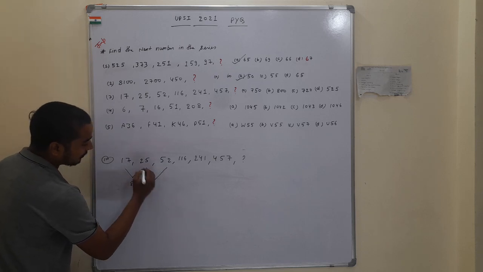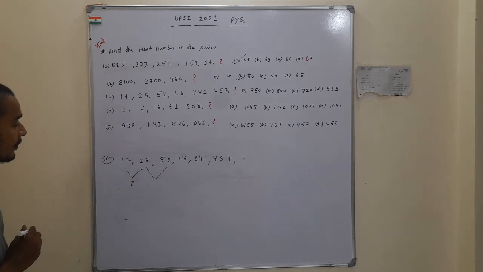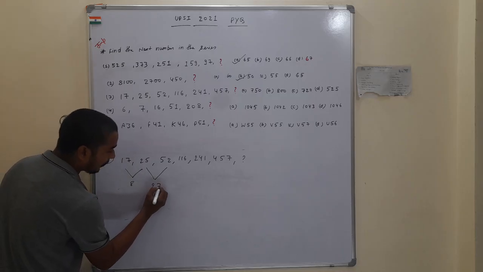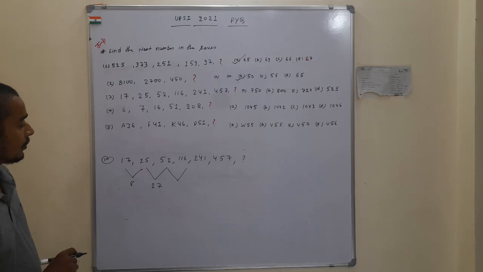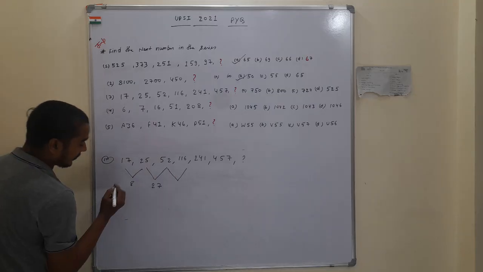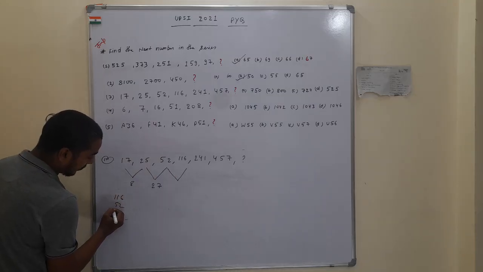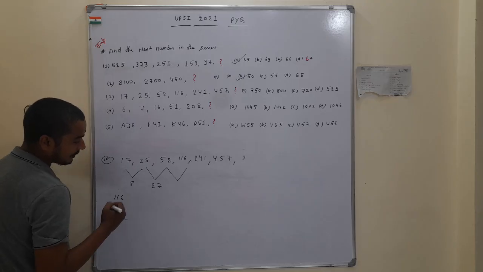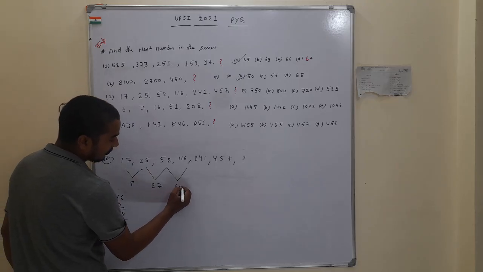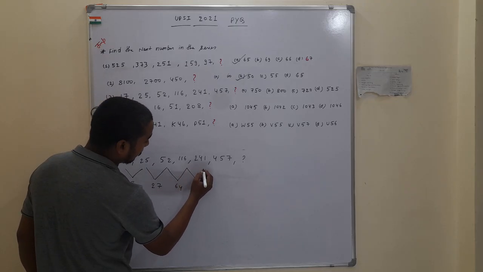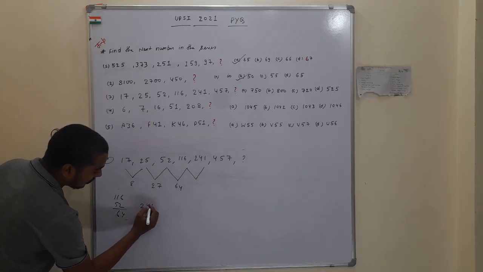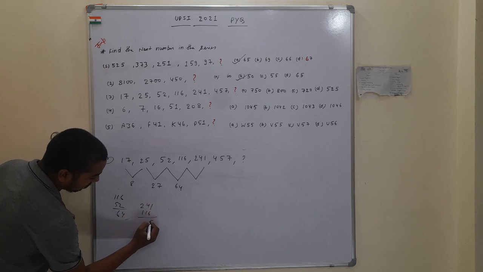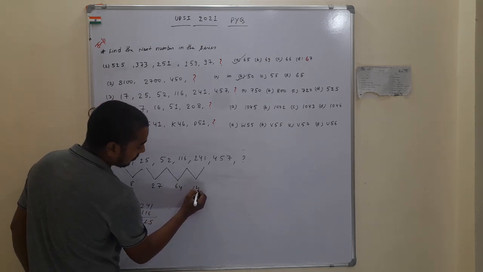From 25 to 52, the difference is 27. From 52 to 116, the difference is 64. Similarly, between 241 and 116, the difference is 125.